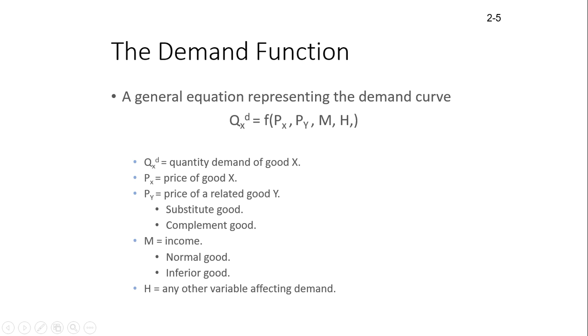So quantity demanded of good X is a function of Px, Py, M, and H, where H is any other variable that might affect our demand.